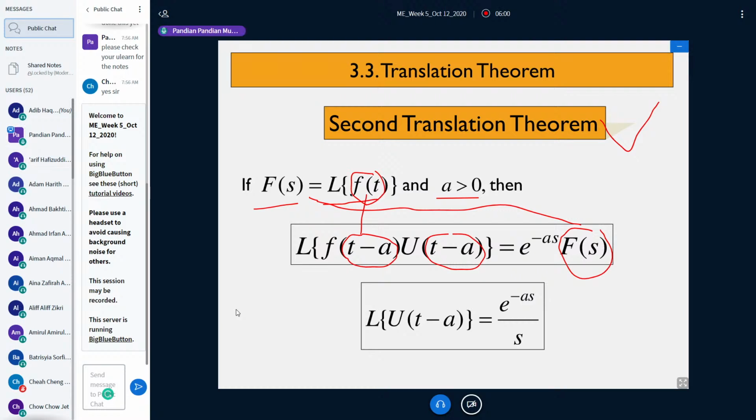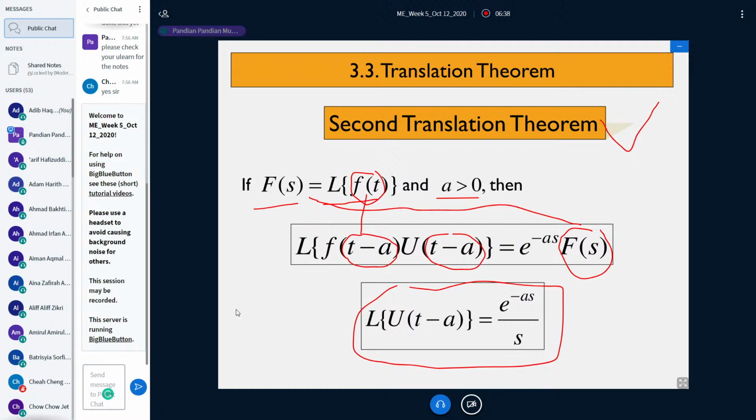Under 3.1 we have to refer, otherwise cannot. Laplace of 1 is 1 over s, 3.1, slide number 18. If you have any question, you can ask me. So this definition is Laplace of u(t minus a) equals e to the power of minus as over s.